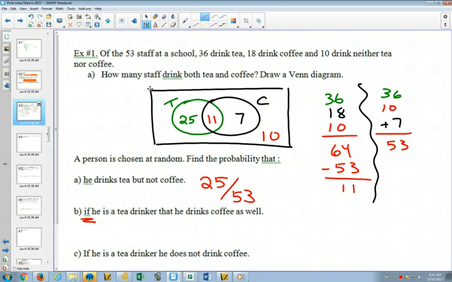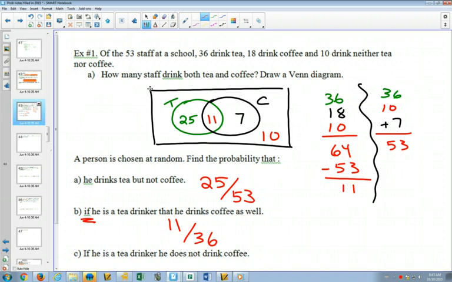We just know that he is a tea drinker. What is the probability he drinks coffee as well? Well, there's 11 of those tea drinkers that drink coffee. 11 out of 36. So we can see this directly from our Venn diagram. The condition that's given reduces our sample space down to 36, and now it's 11 out of 36.